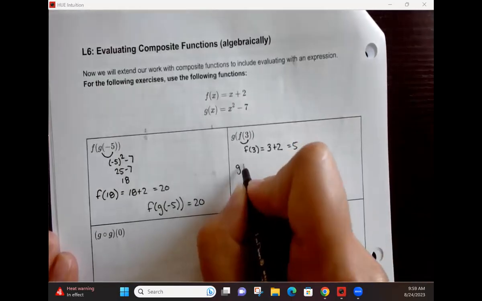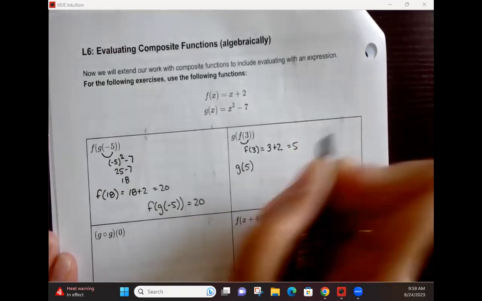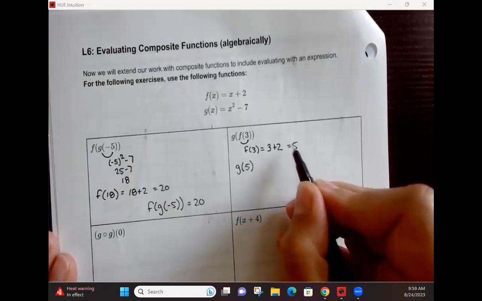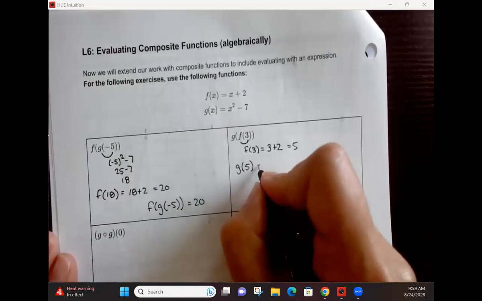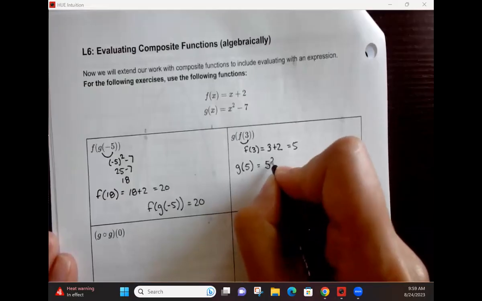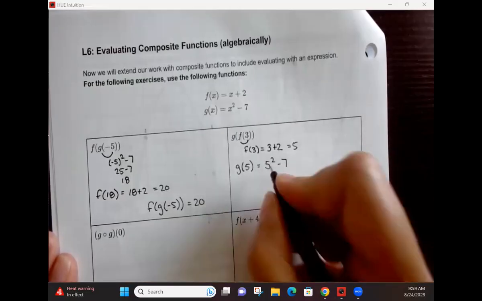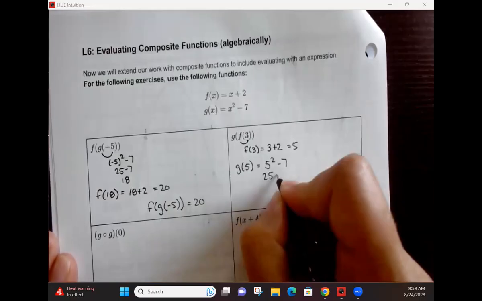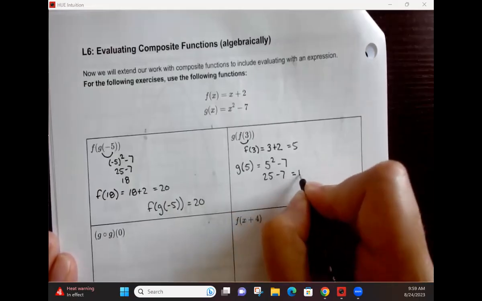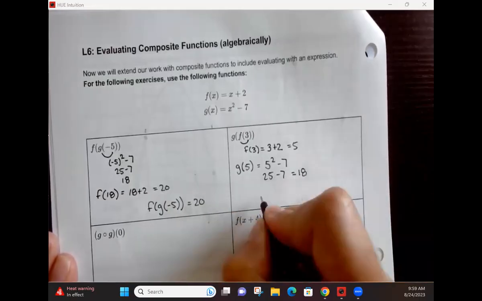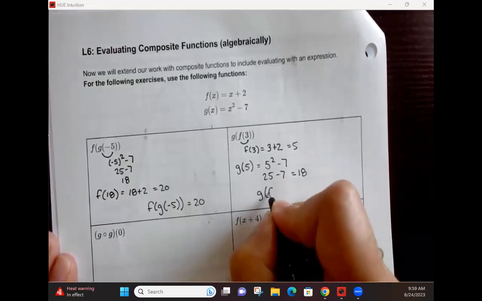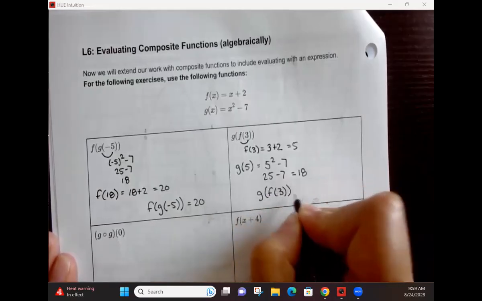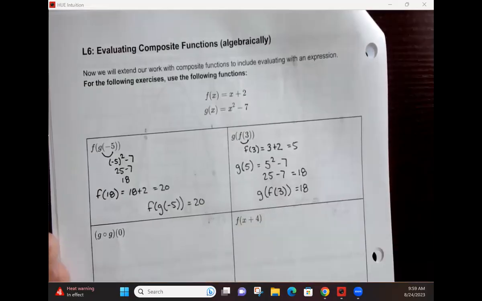And now I have to find g of 5. The output for this function is the input for my next one. So this would be 5 squared minus 7. This looks familiar. 25 minus 7 gives us 18. So g of f of 3 is 18.